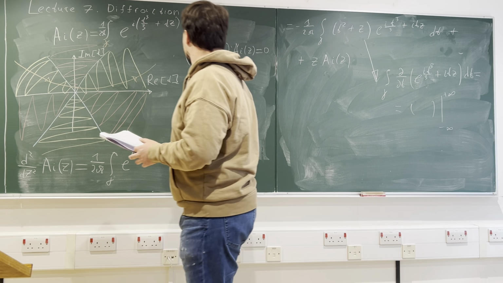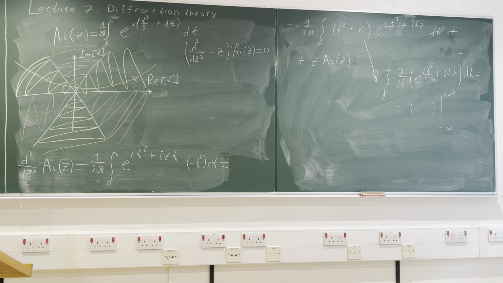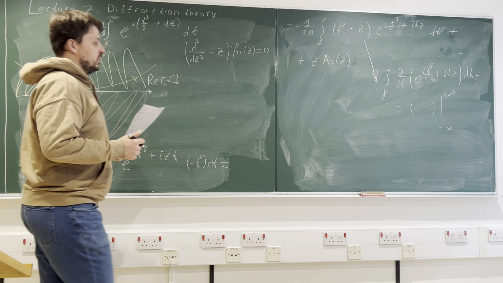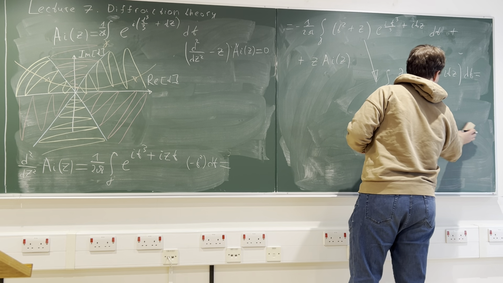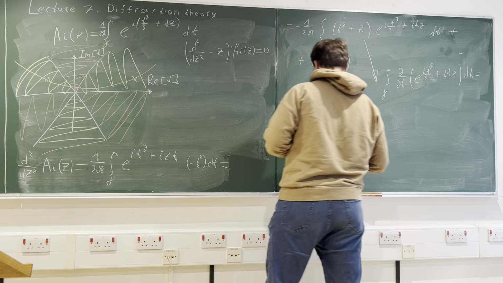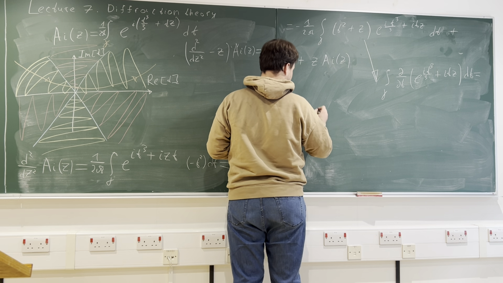Okay. This equation is of the second order, thus it should have two independent solutions. And the second choice for a solution, this is also some textbook material. Second choice called Bi.